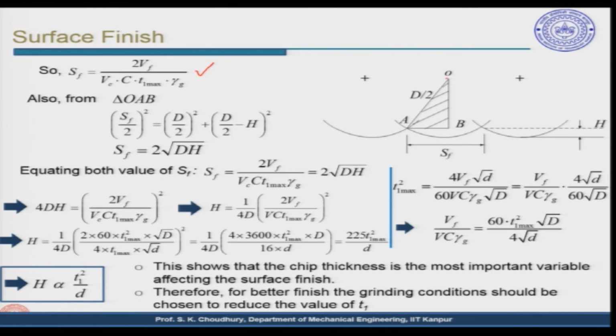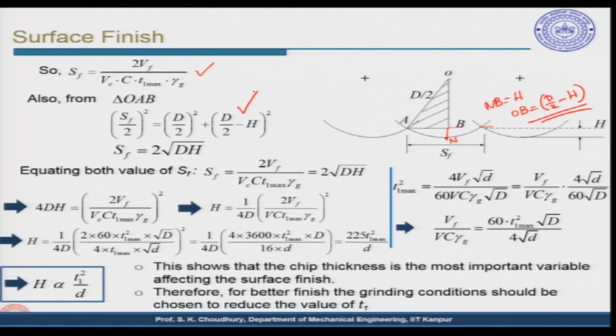Now, from this triangle you can find that OA square is equal to AB square plus OB square. AB is SF by 2 and OB is ON minus NB, where this point is N and NB is H. Therefore, OB will be ON, which is D by 2, minus H, like we have done in case of milling.